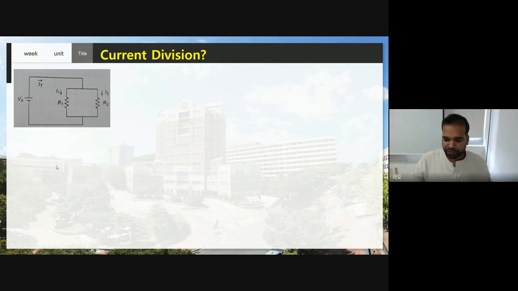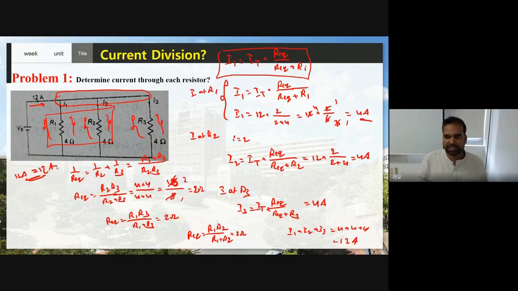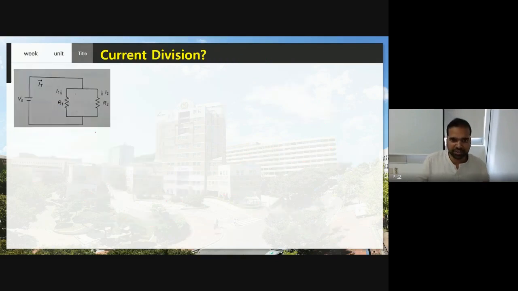Okay, if you remember this equation, then you need not find the voltage. Even if n resistors are connected, suppose here you have another R3 and another R4. This is your I3 and this is your I4. Now you want to find the current at R4. What will you write?